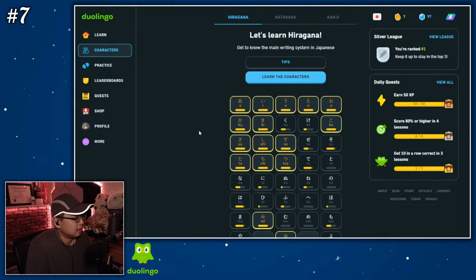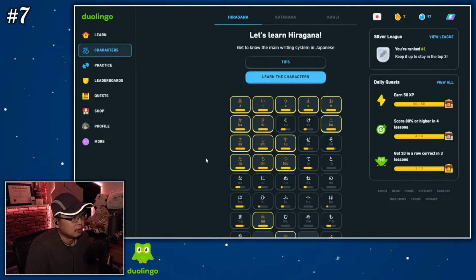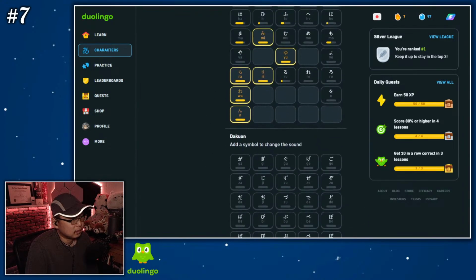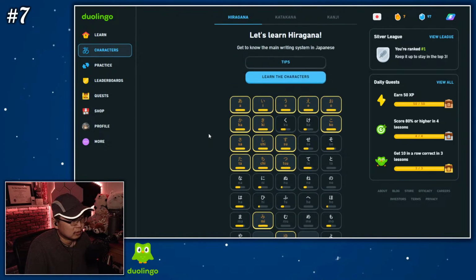All right. Let's do a little bit more hiragana. We got to do hiragana. I keep saying kana. Enough to reach the next four syllables, right? The next 4 characters, whatever they are.